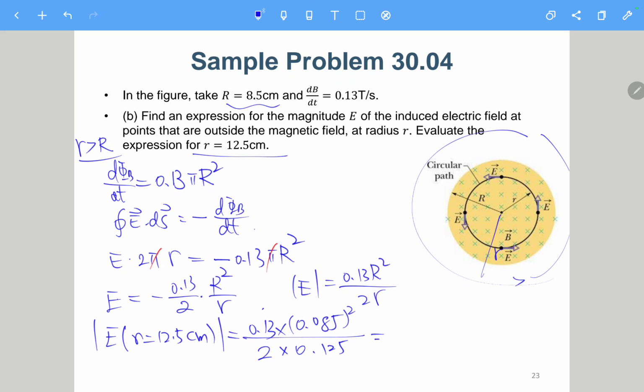Okay, so this is 3.8 millivolts per meter, a slightly larger value.